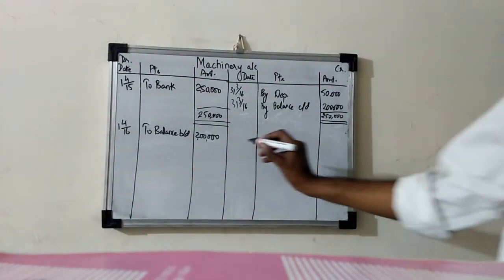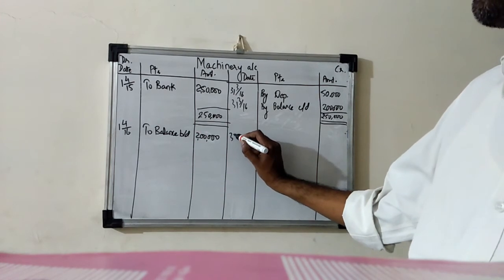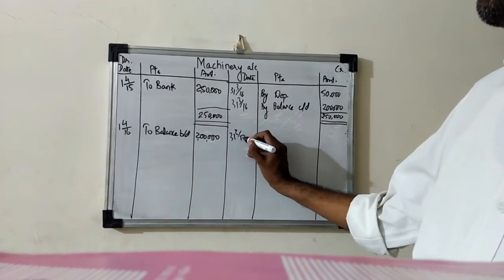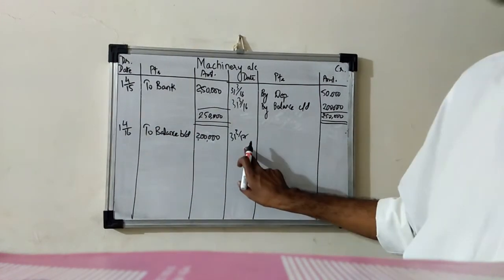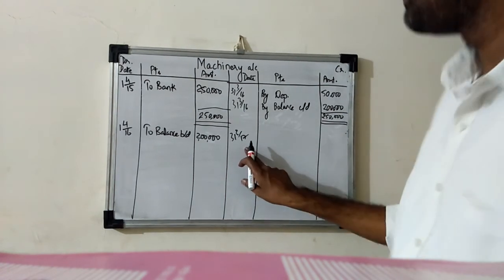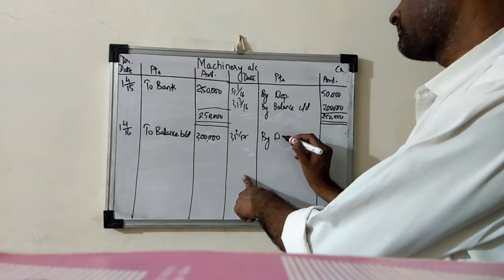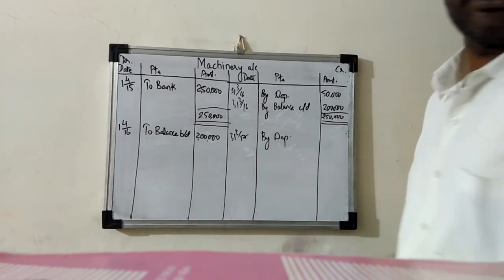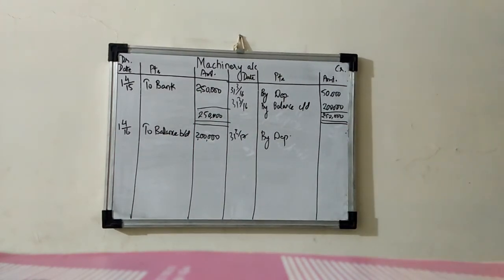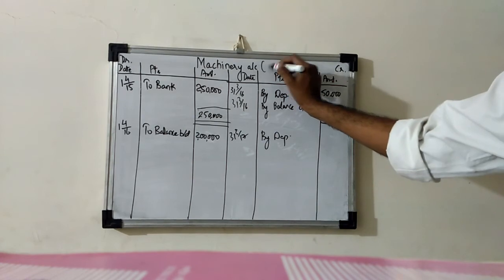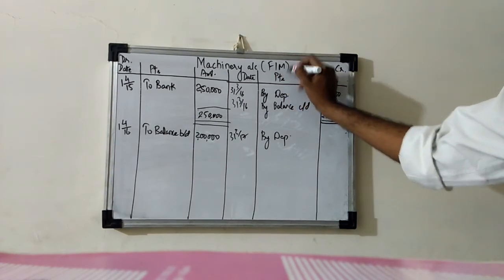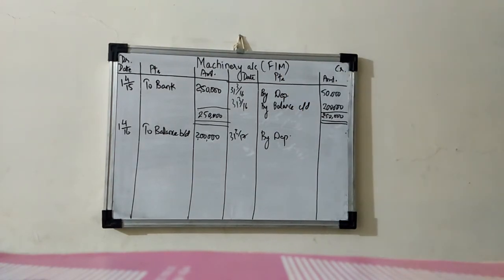Again we are going to charge depreciation in the second year, on the last day of the year. By depreciation. Now the amount of depreciation is again the same because our method is FIM.